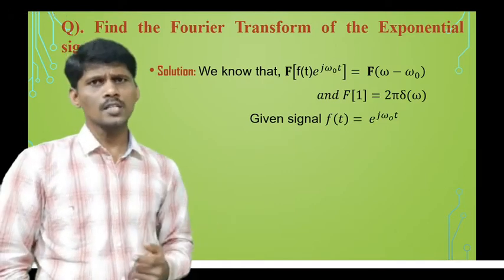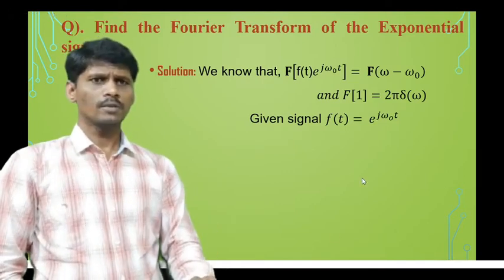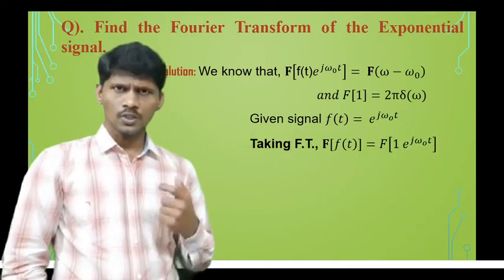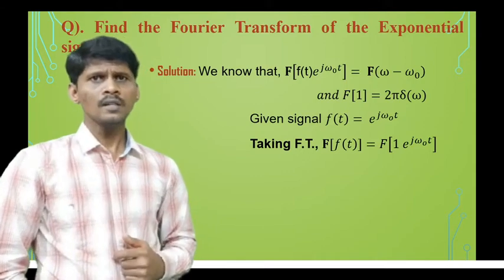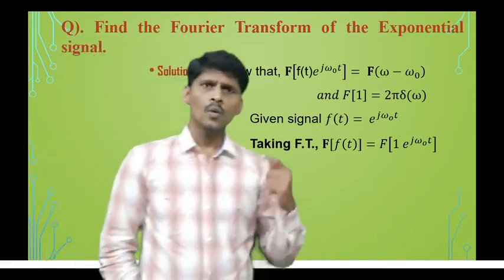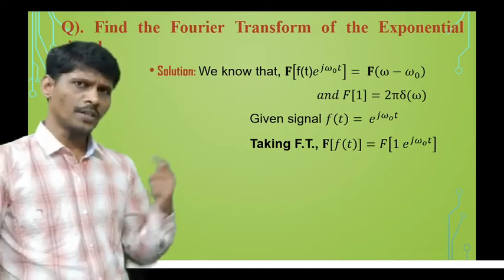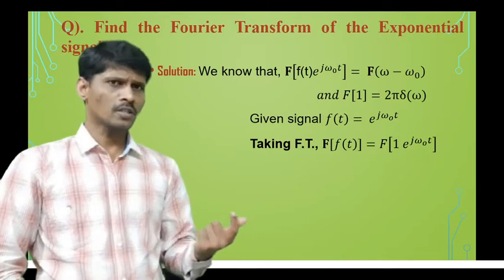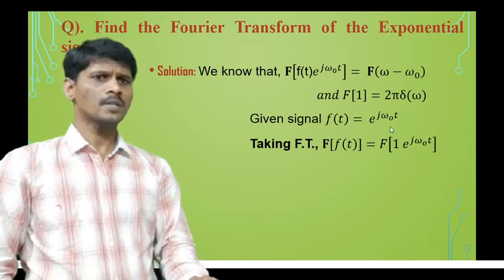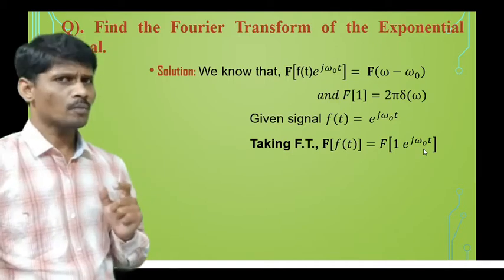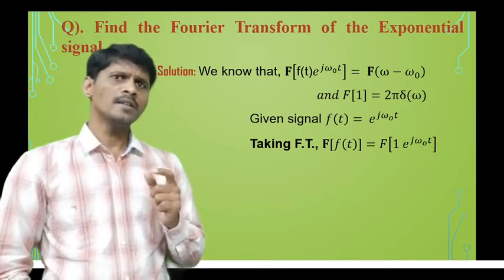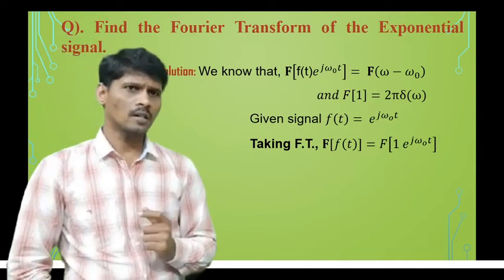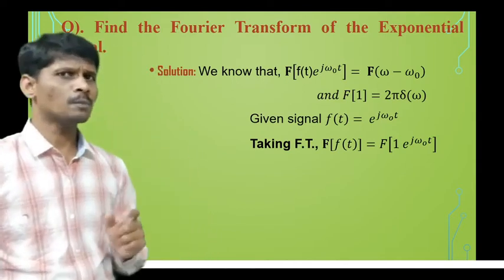So taking the Fourier transform on both sides of the given signal, the Fourier transform of f of t is the Fourier transform of e power j omega naught t. e power j omega naught t is written as 1 into e power j omega naught t, so there is no change. So using the frequency shifting property and the Fourier transform of a constant signal, we find the Fourier transform of 1 into e power j omega naught t.